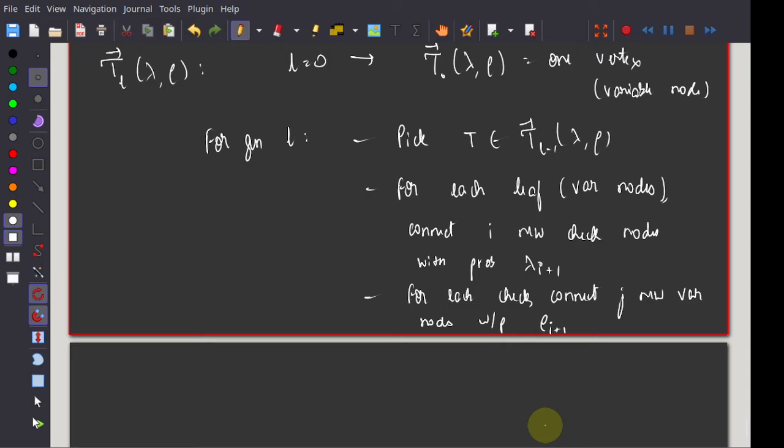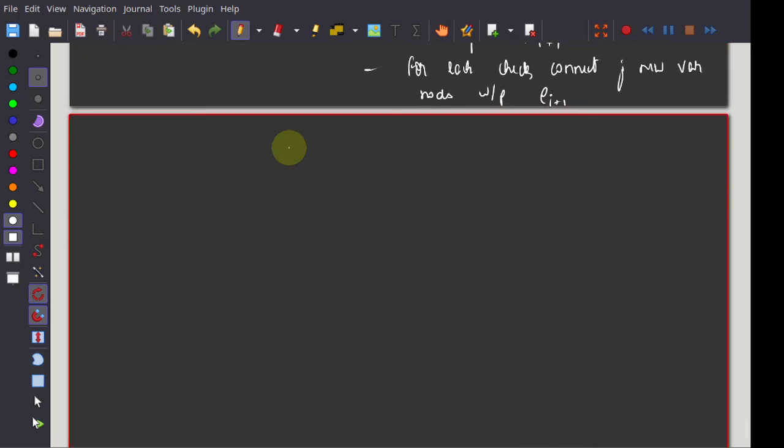Okay. So let's see this using an example. Let's perhaps take, we need a valid degree distribution. So let's take the following example.